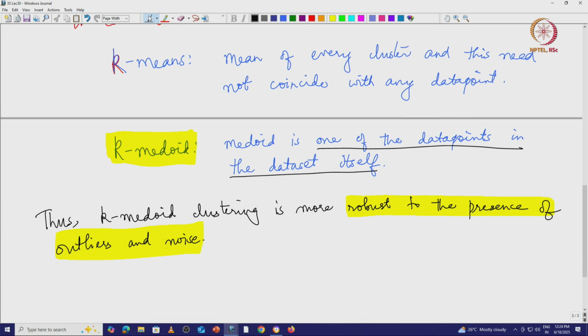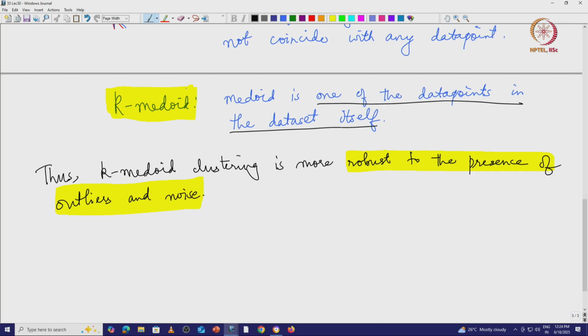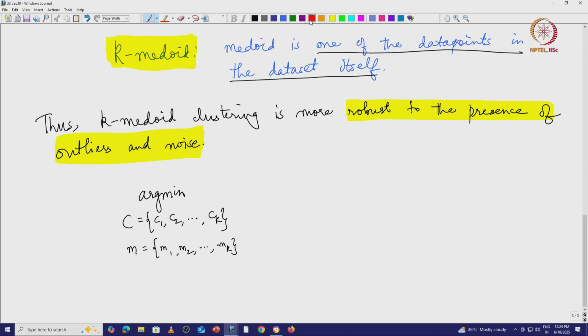Okay. So how is this actually implemented? Let us see. This can be mathematically written as the minimum argument corresponding to the choice of the clusters C1, C2 up to Ck. Again, there are K clusters, and then the set of medoids M1, M2 up to Mk. So these m's which were earlier referring to the means in K-means clustering, these are the medoids of each cluster.